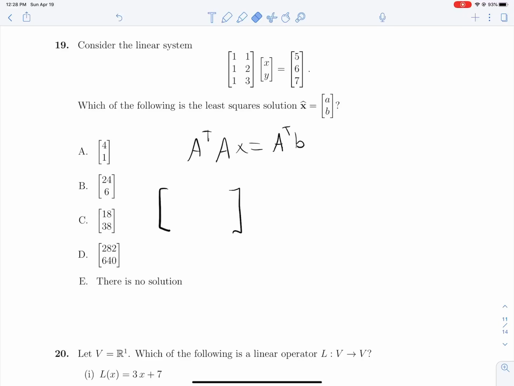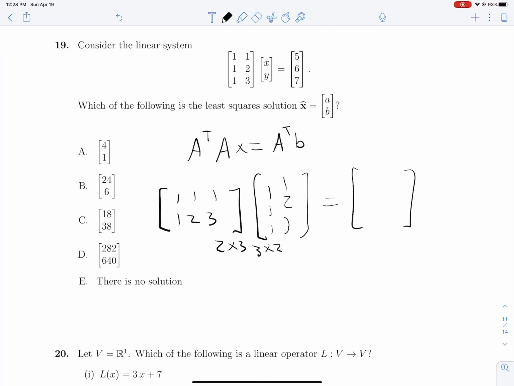We'll have 1, 1, 1, 1, 2, 3 multiplied by 1, 1, 1, 1, 2, 3, and that gives us a 2 by 2 matrix, because this is 2 by 3, 3 by 2. These two kind of cancel out, and we're left with 2 by 2, if you want to think about it that way.